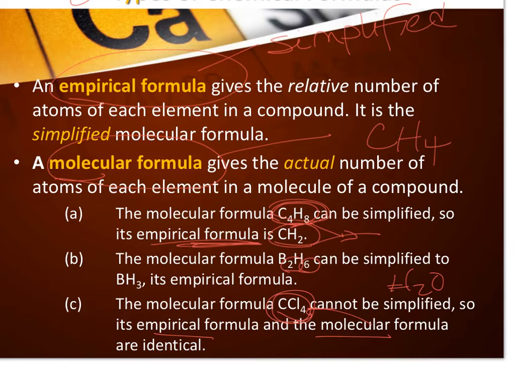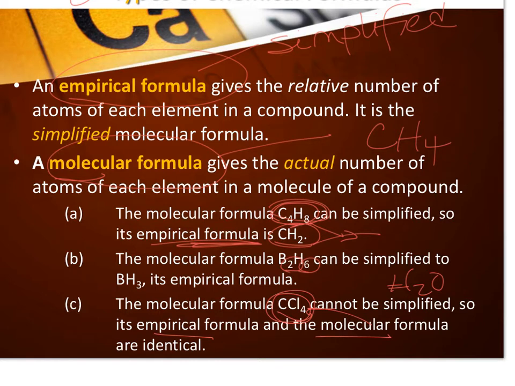It turns out that if you have a substance and you don't know what it is, you hand it over to an analytical chemist, and they have all sorts of machines they can use to analyze the composition of that sample. And typically a machine will simply give you the ratio of elements in a sample.